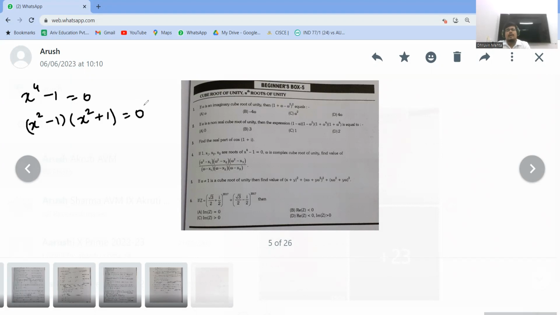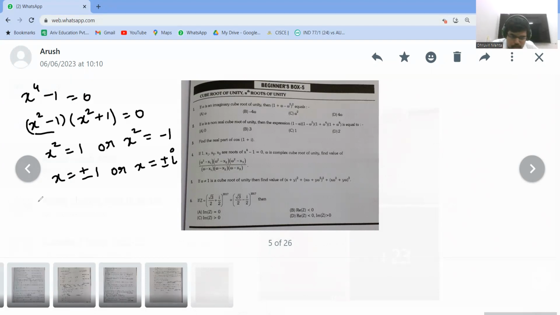So a plus b into a minus b. When we equate this bracket with 0, we get x square is 1. Second bracket, x square is equal to minus 1. Now when x square is 1, x is plus minus 1. And here x is plus minus i, because square root of minus 1 is i. So these are the 4 roots of this equation.